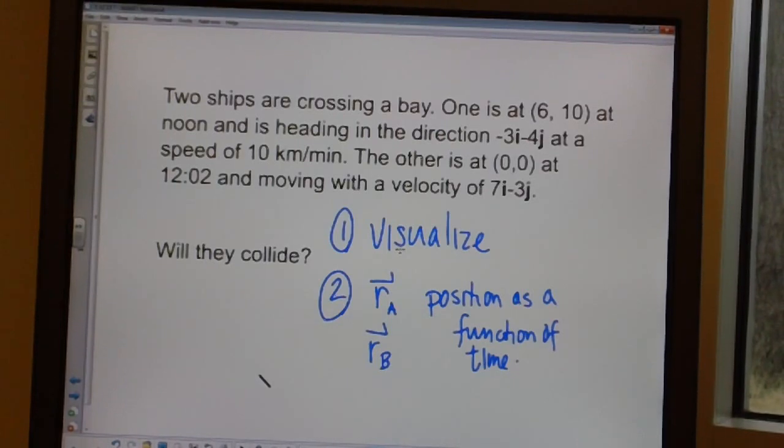And then after we do that, we are going to set these position vectors equal to each other to see if they're going to be in the same position at the same time.